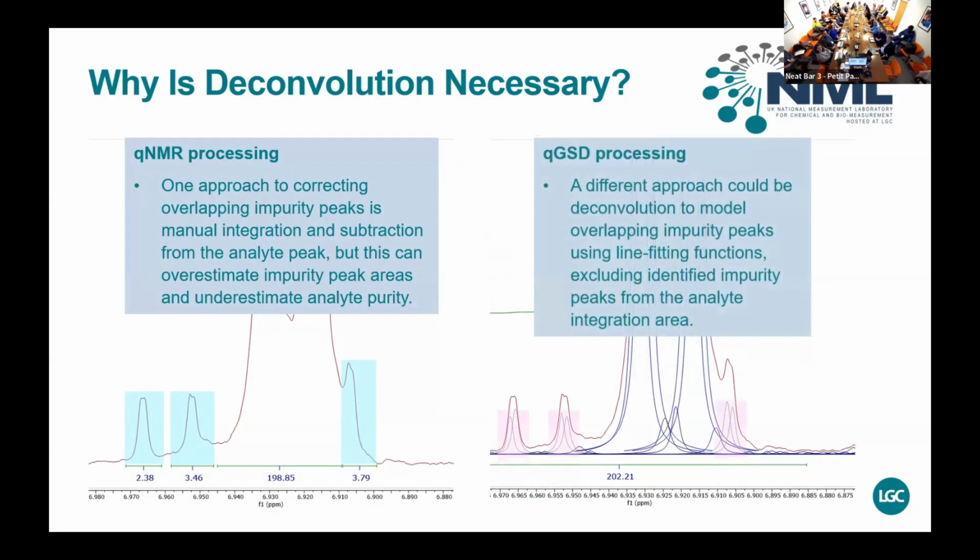So with the application of deconvolution, which adds a line fitting function to better resolve our overlapping impurity peaks, we can potentially have a better estimation of the area of the impurity peaks and have a better purity value on our analyte sample.